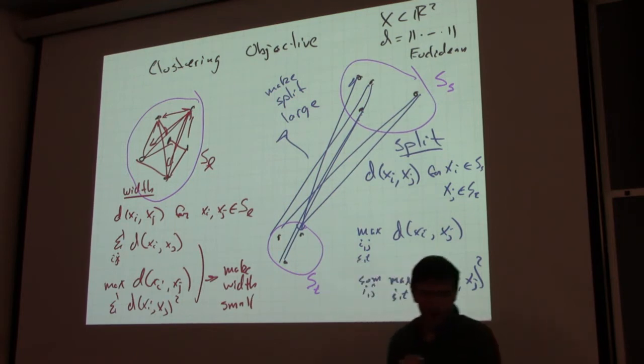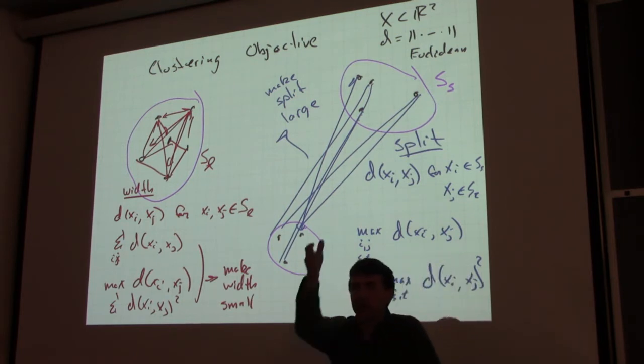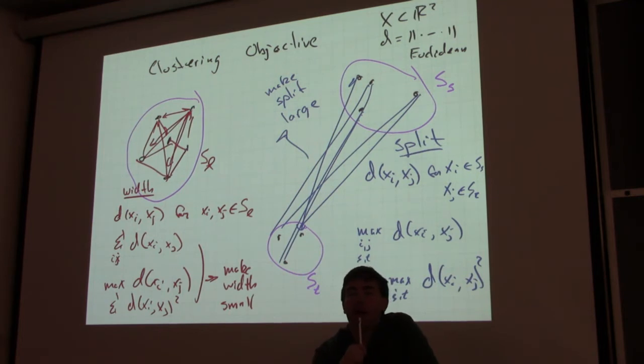Okay, so overall, with clustering, with the width versus the split, if you're doing something like max for the split, should you also do max for the width, or can you trade min for max? Yes, you can trade them off. There's not necessarily a right or a wrong answer. Throughout the next few lectures, we're going to look at some of the most classic versions of these. We'll see some examples of things that tend to have been popular.